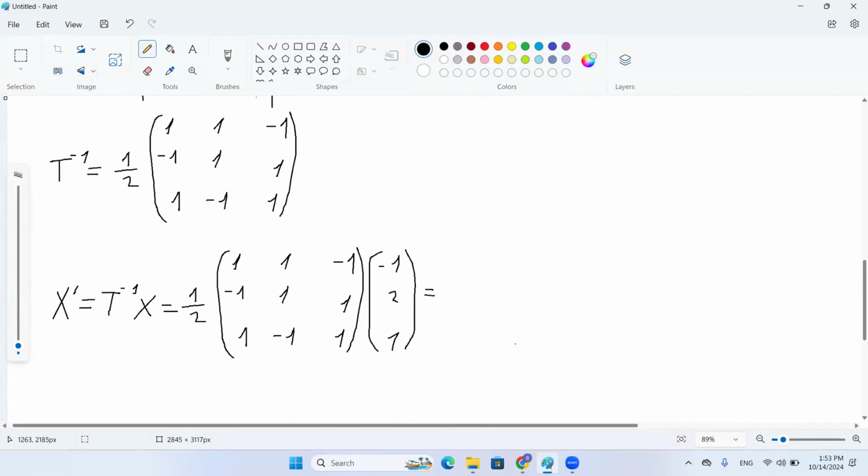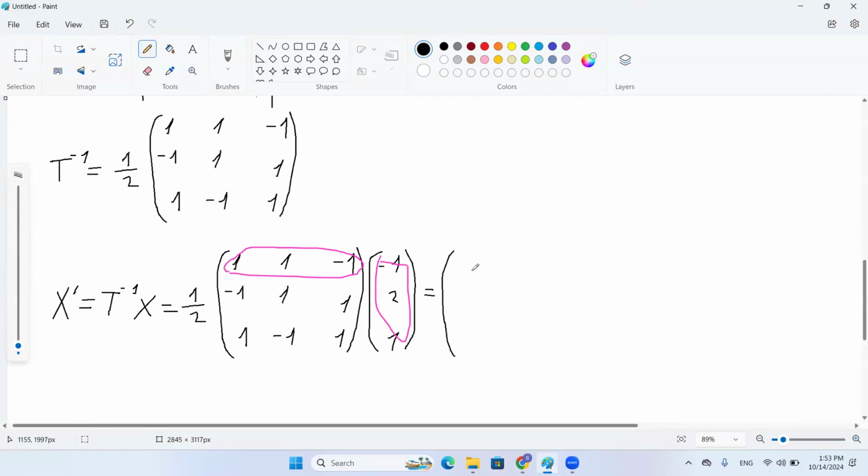And by the way, maybe for better understanding of matrices multiplying by the vector, I will write it firstly, and then you will understand better.